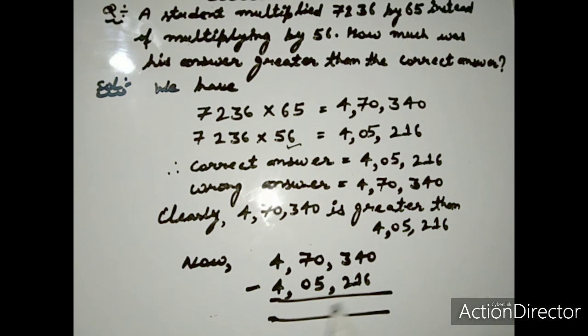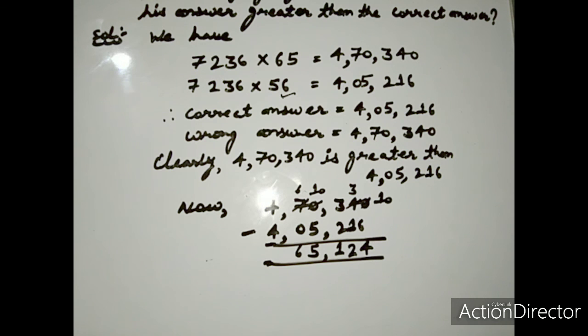Now we subtract these two numbers, then we get, here take a 1, borrow from here, then 10 minus 6, 4, and here 3 is left, 3 minus 1, 2, and 3 minus 2, 1. Now again here we take 1, borrow from here, then 6 is left here, and here 10, 10 minus 5, 5, then 6 minus 0, 6, 4 minus 4, 0. So here we get 65,124.